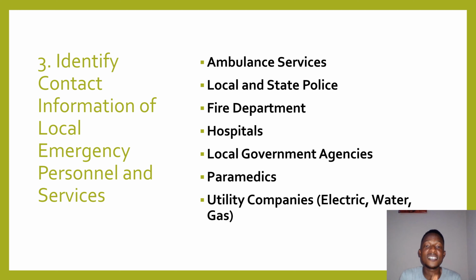Some of these services are ambulance services, local and state police for violent situations, fire department for fire emergencies, hospitals for medical emergencies, local government agencies, yes, the local government that governs activities where your school is located is very important. Paramedics, these are people that arrive at the emergency location first and give treatment or preserve life before being taken to a medical facility.